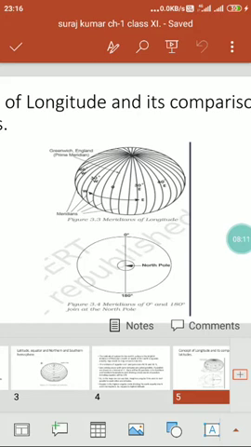So from the northern hemisphere, a few semicircular lines are originating and merging themselves towards the southern hemisphere. And the point to remember here is that near the equator, the distance between the two longitudes is farthest.